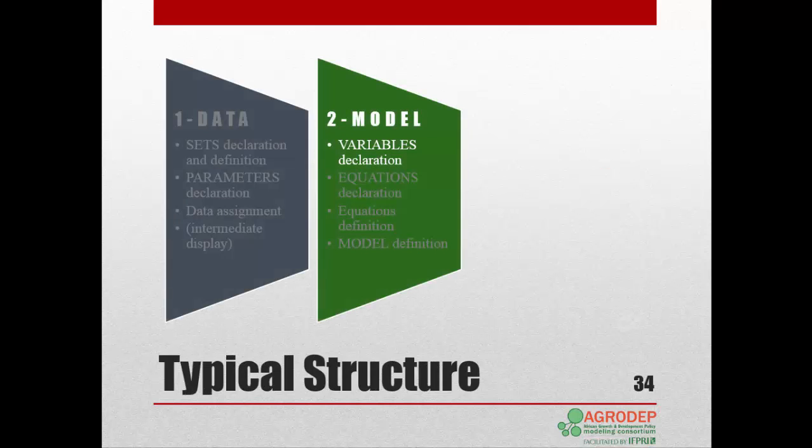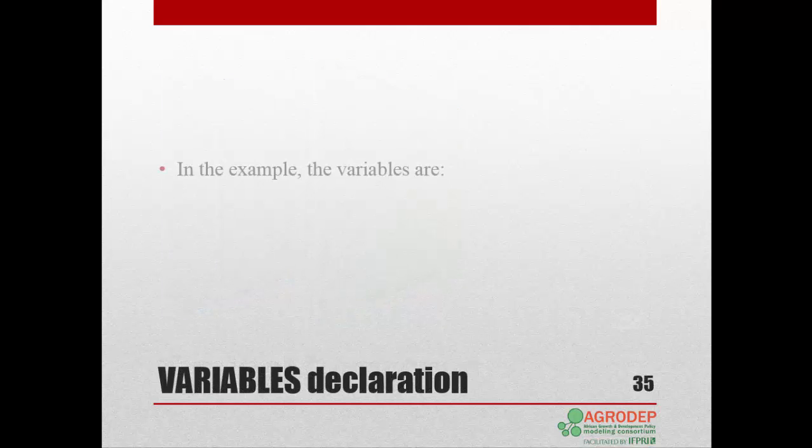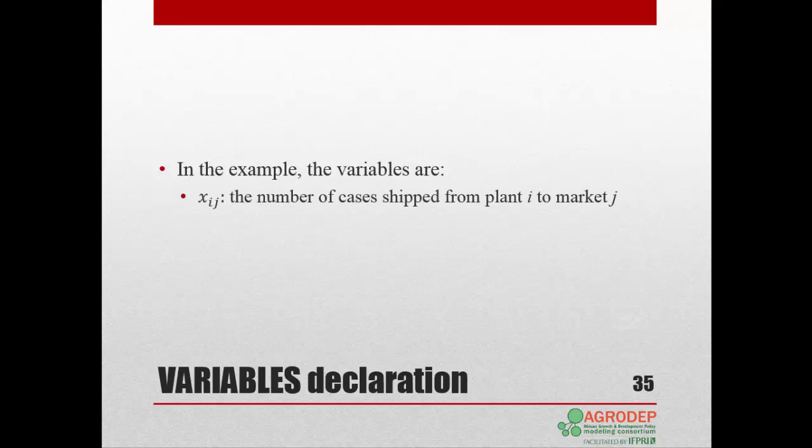Next, we define the model, and we start with the declaration of variables. In our example, the variables are Xij, the number of cases shipped from plant I to market J, and Z, which is the sum total of shipping costs.